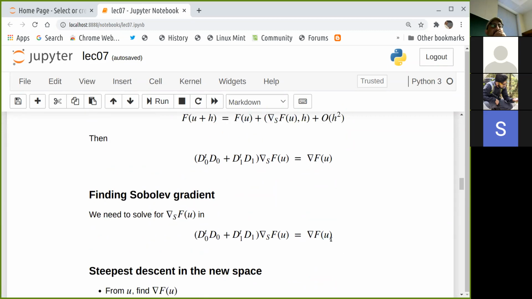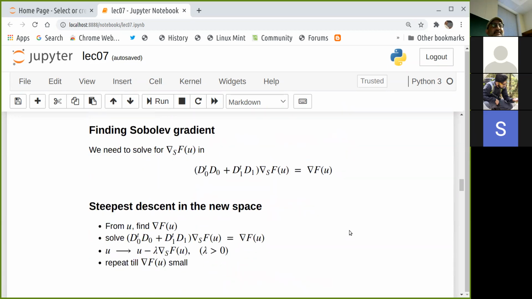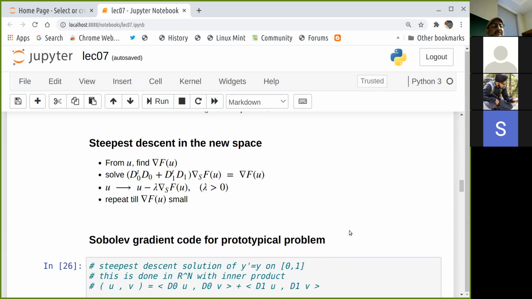We know how to calculate the gradient, that is the Euclidean gradient. So we can calculate the Sobolev gradient from the Euclidean gradient using this equation. So steepest descent in this new space looks like: start from U, find the Euclidean gradient.